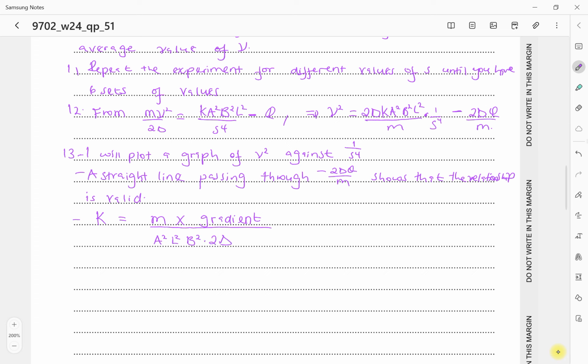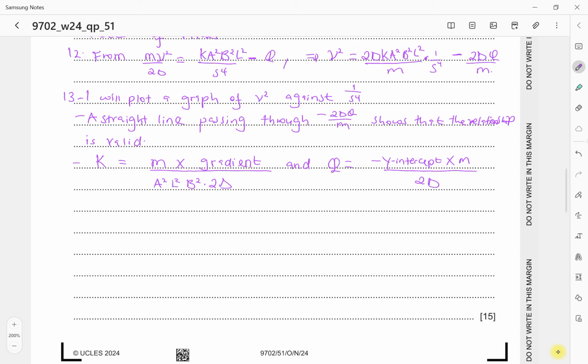The order doesn't matter. And then q, because the y-intercept is minus, of course you are comparing with y equals mx plus c. The y-intercept is minus 2dq over m. So making q the subject, q is going to be equal to the negative of the y-intercept times m, divided by twice d. Okay, I think that is analysis.